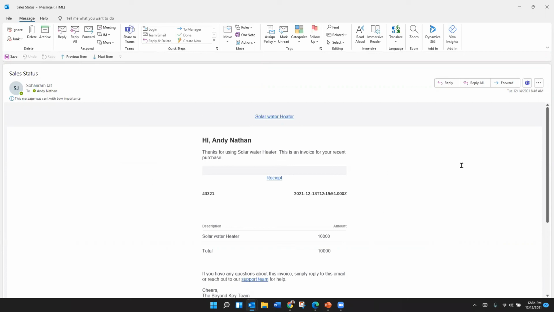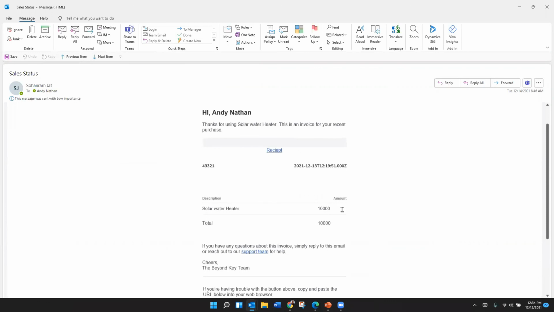Now, this is an example that was sent over to me earlier, but it gives you an idea of what that receipt would look like when the client receives it. So we have solar water heater. What's the total amount? Also, this is a great opportunity to connect with clients and let them know that you could still help them. So if I want to change this email, I could change this email in Power Automate.